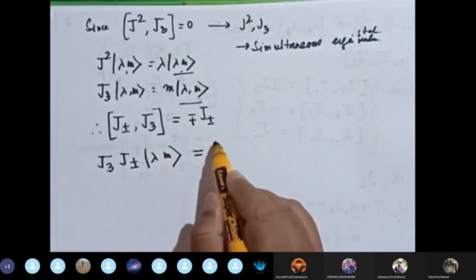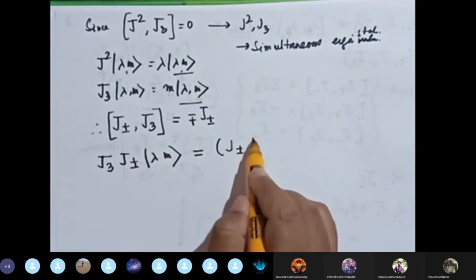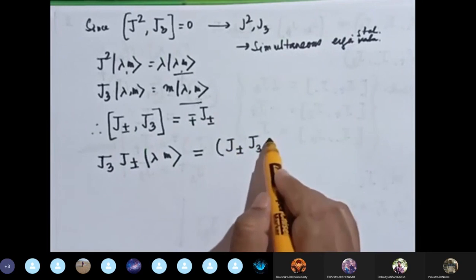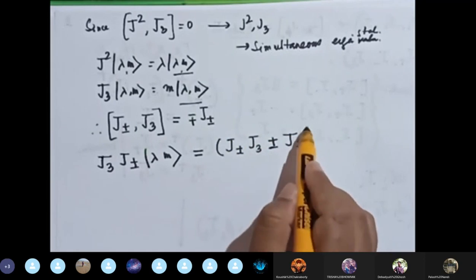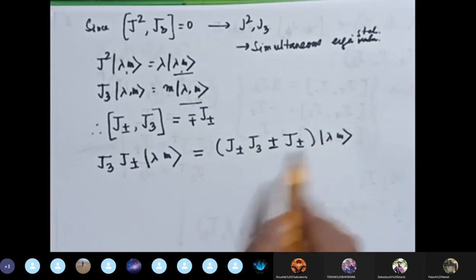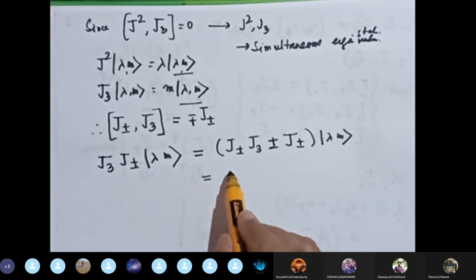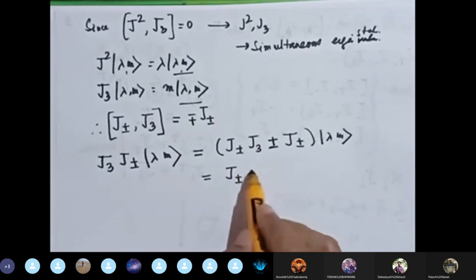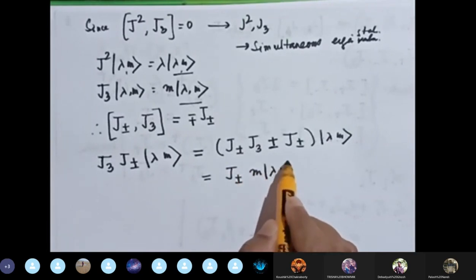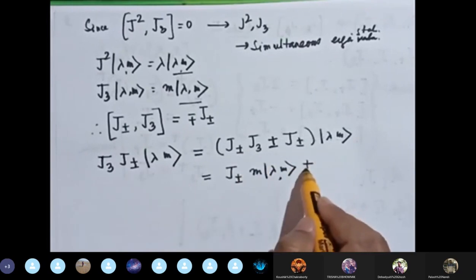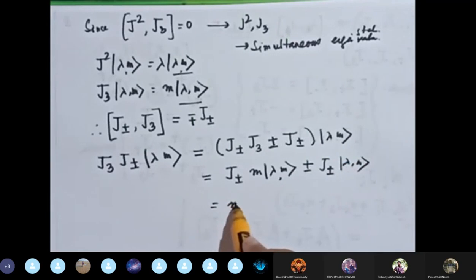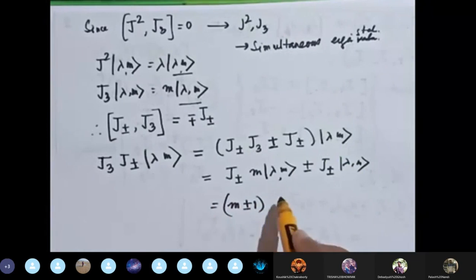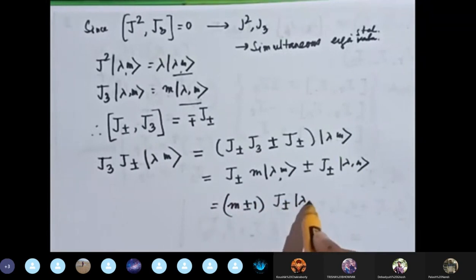It goes to the other side, becomes negative, so J3 J plus minus lambda m gives you J plus minus m lambda m plus minus J plus minus lambda m, and finally you get m plus minus 1 into J plus minus lambda m.